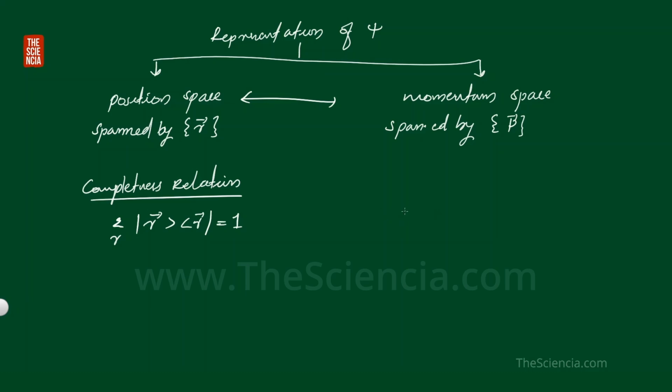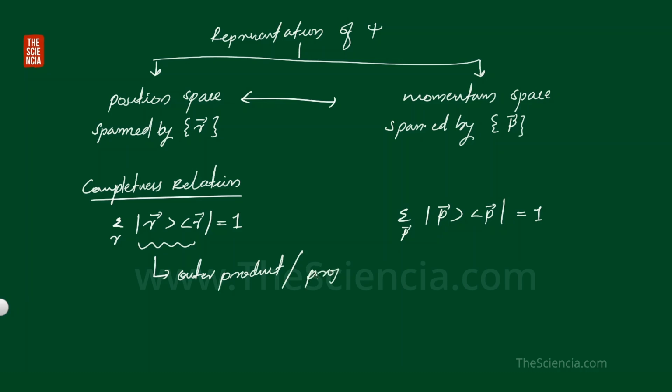And for momentum space, if summation over p of ket p vector bra p vector is equal to 1, then the momentum space is complete. And this one is called the outer product, or it is called the projection operator.